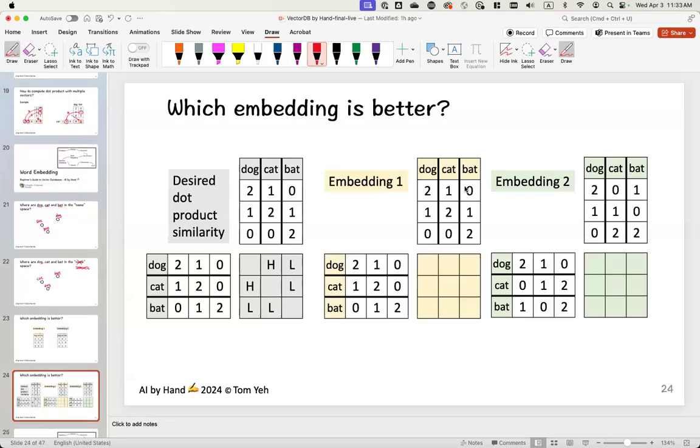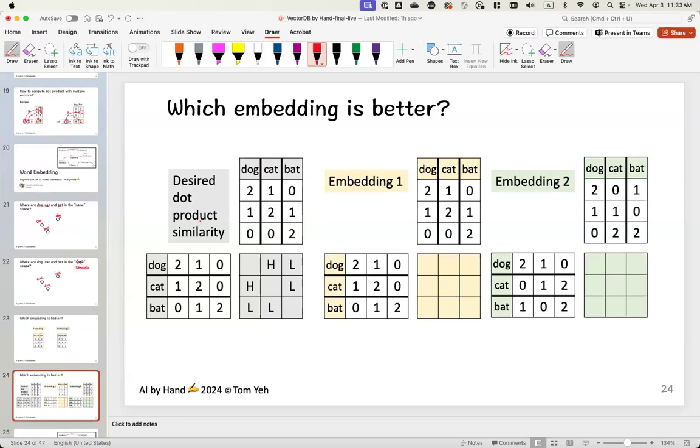One way is that we have some knowledge about our desired dot product similarity. We could compute a dot product for every single pair. Look at the gray one. If we put it together, we have a matrix multiplication with dog, cat, bat against dog, cat, bat on its own, just rotated.